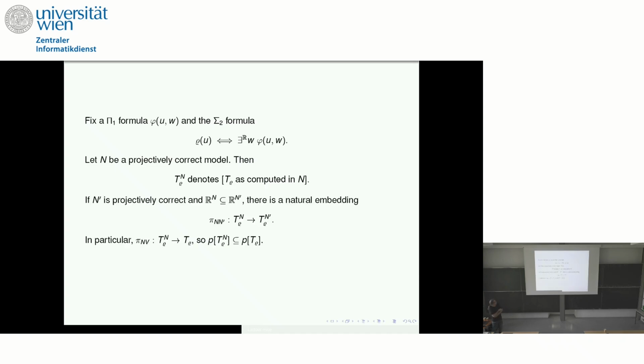So if you've got any other projectively correct model N' with a larger set of reals, then there's a natural embedding from the first tree into the second tree. In particular, you can embed it into the tree of V, the true T_rho, in an order preserving fashion. And therefore, anything that's in the projection of the smaller tree is also in the projection of the larger tree.